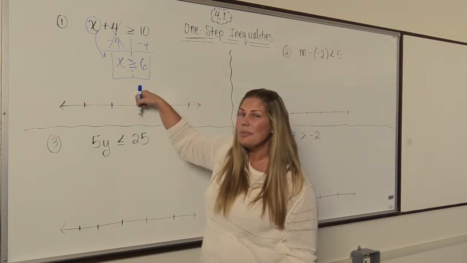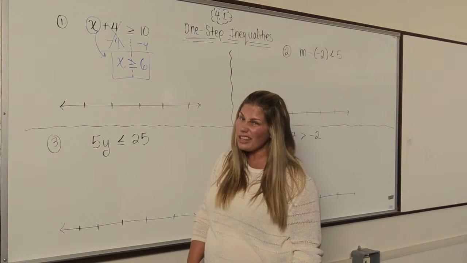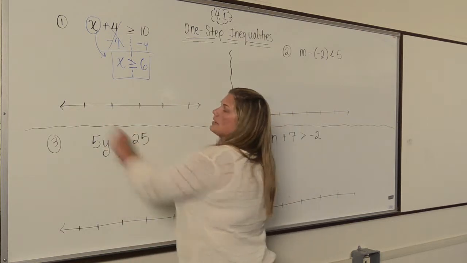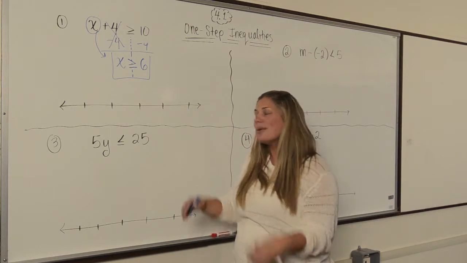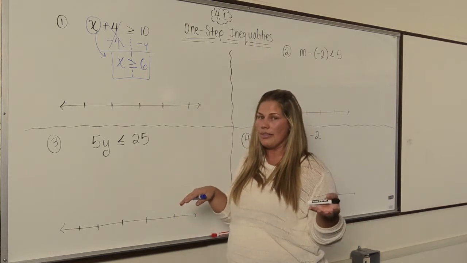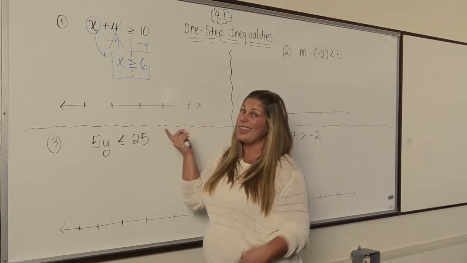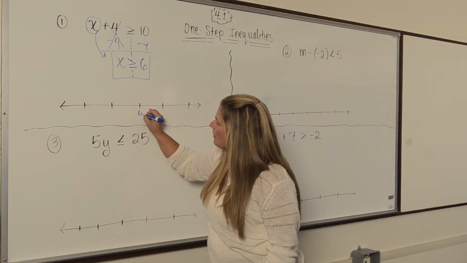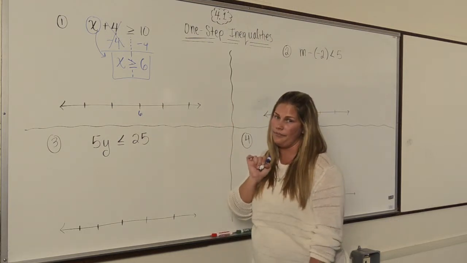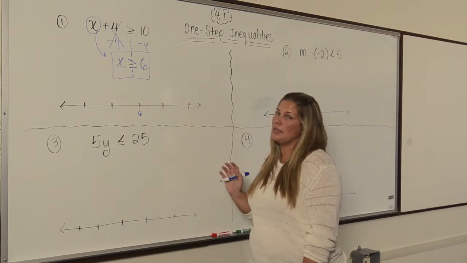So a lot of people think 0 has to be on the number line. It really doesn't. These little arrows on the end mean numbers are going to keep going in both directions. So I can pick any part of the number line that I want. Well, if 6 is in my answer, then I need 6 to be on the number line in my graph. So I'm going to put that number in the middle. But now I need numbers to the left and numbers to the right.